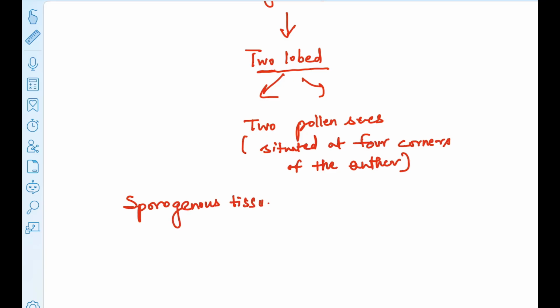Okay, what are sporogenous tissues? They are homogeneous cells. You know what is tissue? It is a group of cells. So sporogenous tissues are formed of homogeneous cells. Homogeneous means they have similar structure and same function.